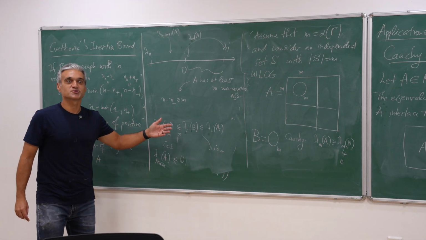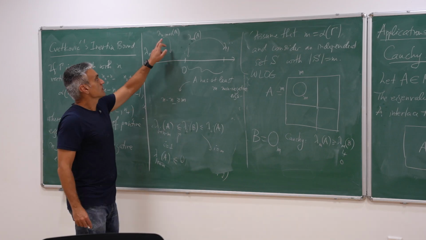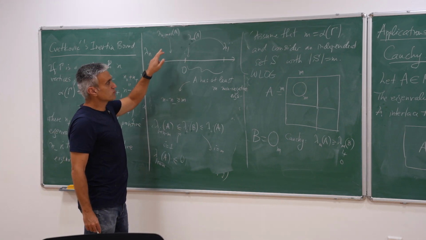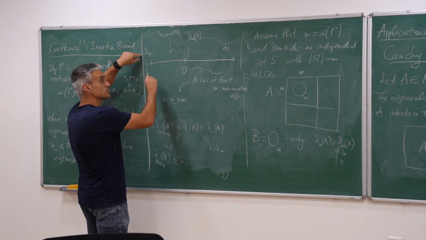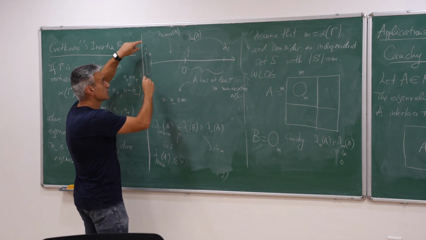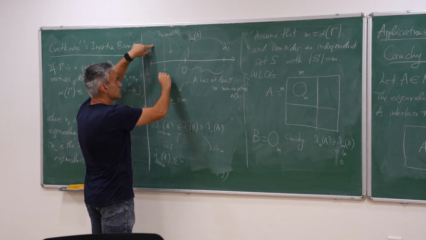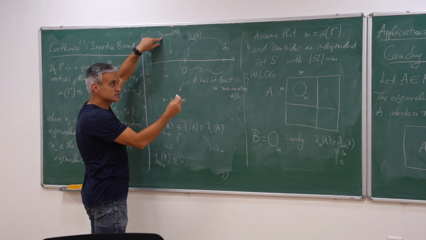Now, what do you think happens on the other side? Lambda_{n-m+1}. If you count from the back, this is n, this would be the first from the back. This is going to be the mth from the back. So it's the same argument.